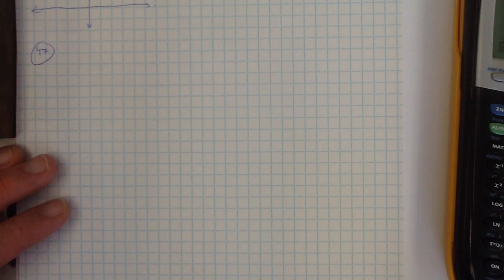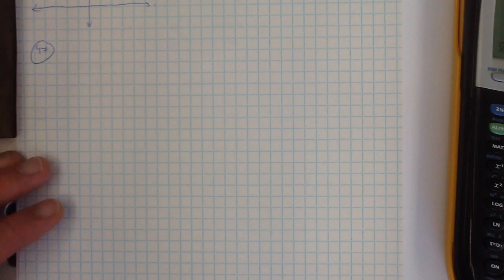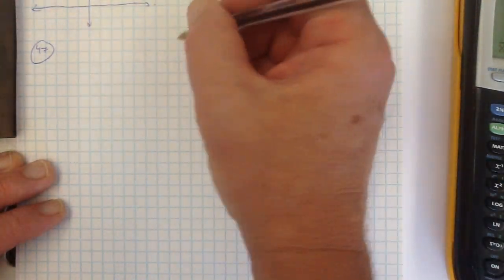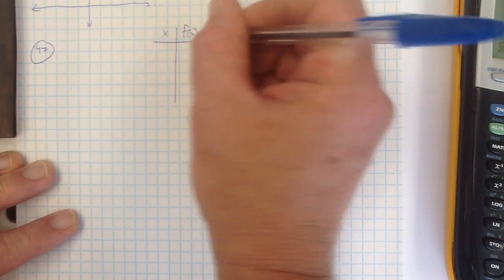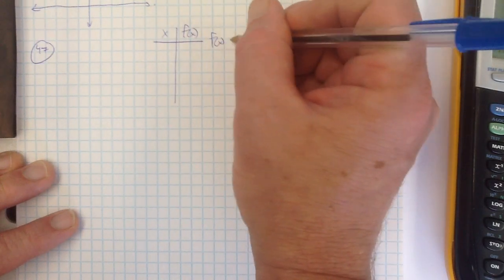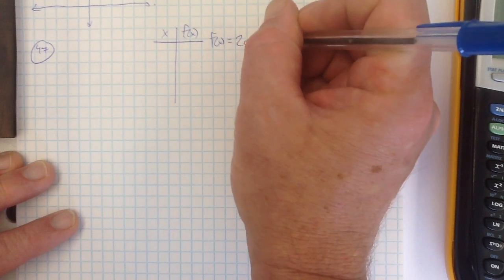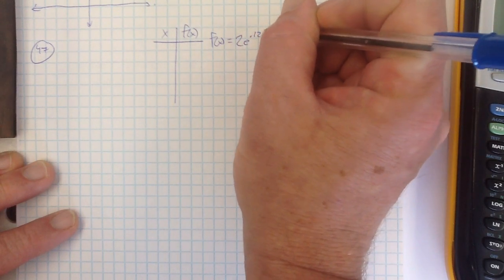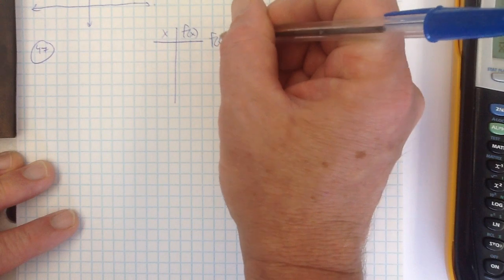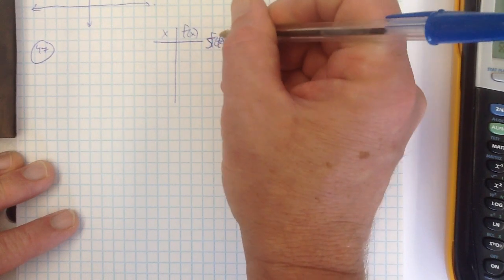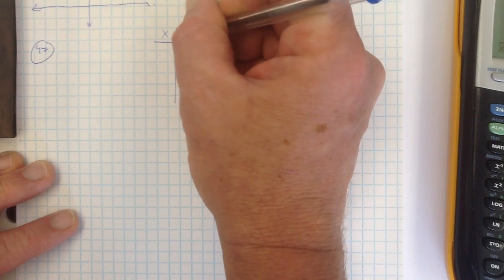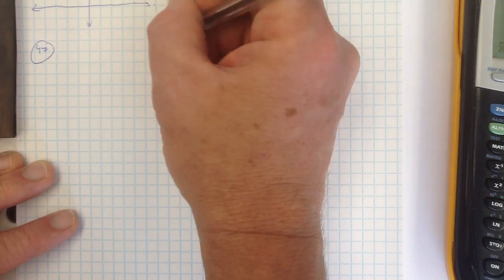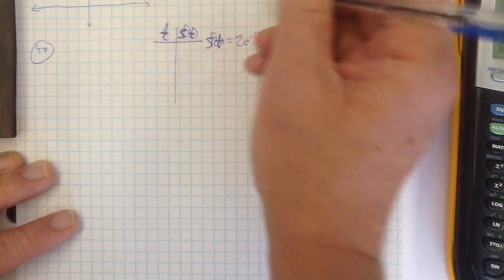47. I got 2e to the 0.12t. They call this s of t instead of f of x. Doesn't change anything, just names of things.